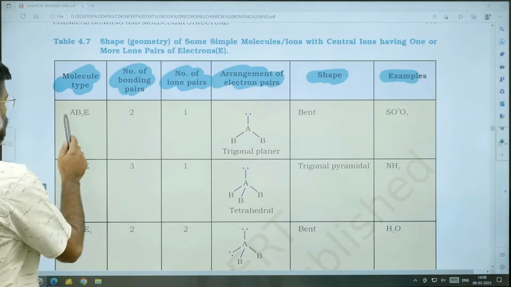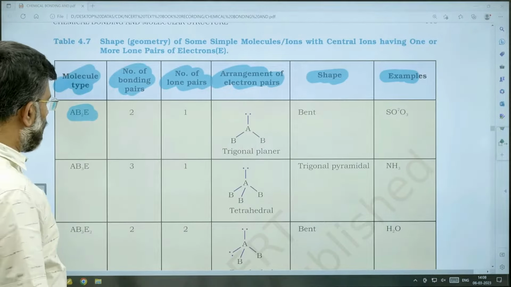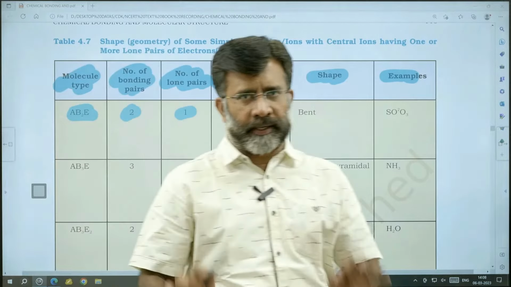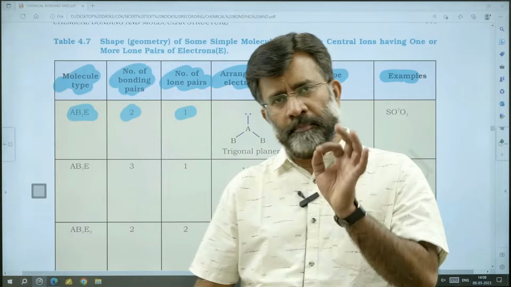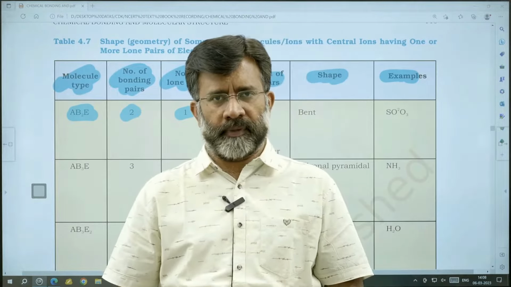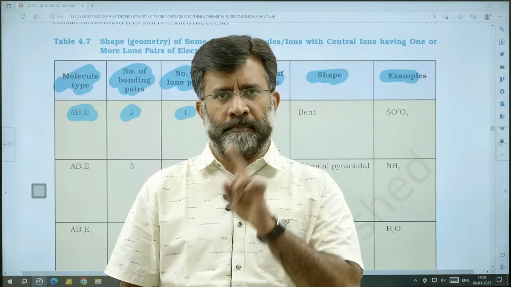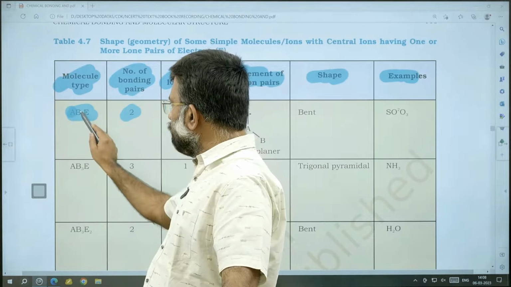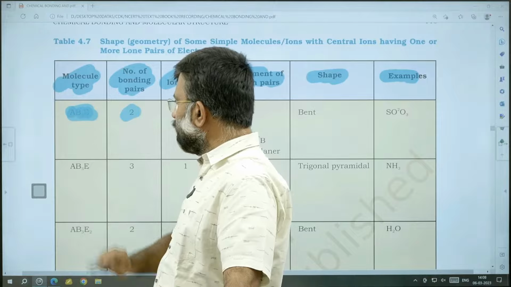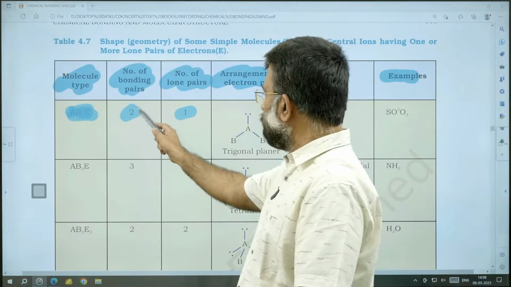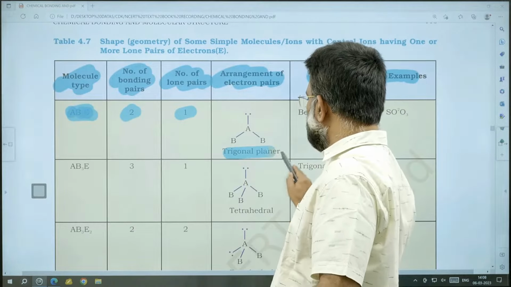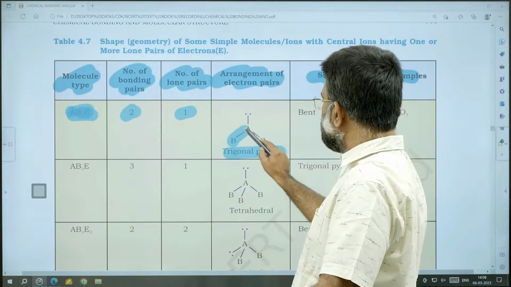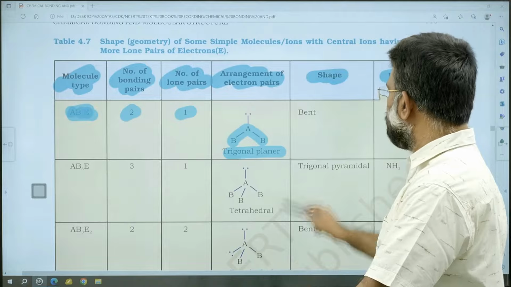So the molecule type AB2E type, 2 bond pair and 1 lone pair. A means central atom, B means surrounding atom, E means lone pair electrons. A for central atom, B for bond pair, E for lone pair. 2 bond pair, 1 lone pair, and the molecular shape is bend shape.